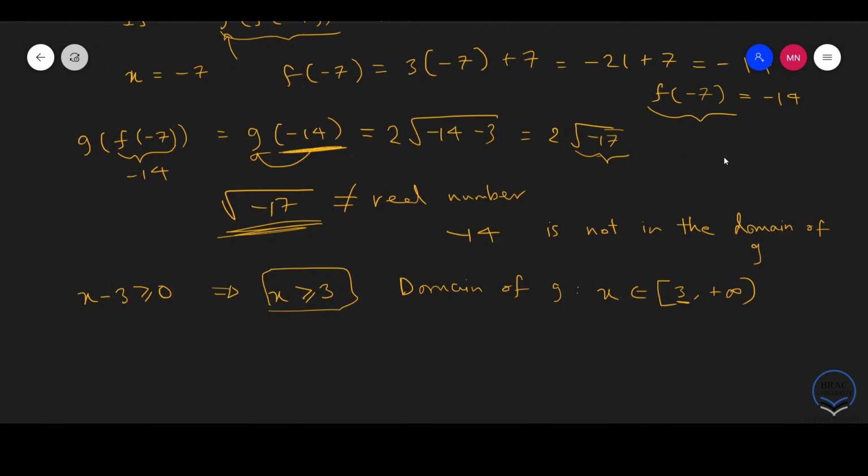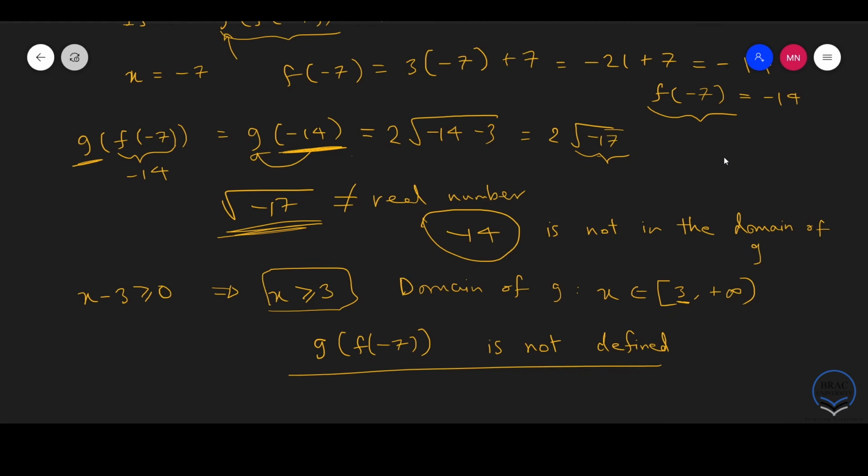So any value of x that is below 3 will not be in the domain of our function g, and in this case we were taking the input as minus 14, which is obviously less than 3, so it cannot be in the domain of g. So g of f of minus 7 is not defined, right?